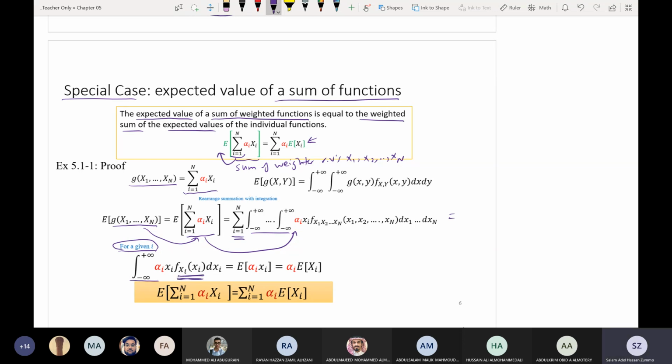So I will have the integral of alpha i xi f xi dxi, which is the expected value of alpha i xi, which is equal, because alpha i is constant, I can take it outside, to alpha i times the expected value of xi. So simply this gives me the result: the expected value of a weighted sum of random variables equals the sum of the weighted expected values.